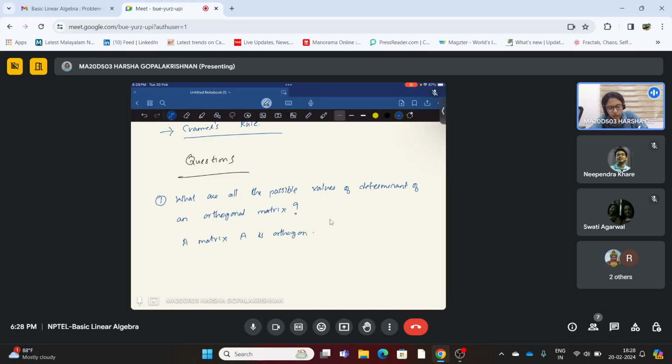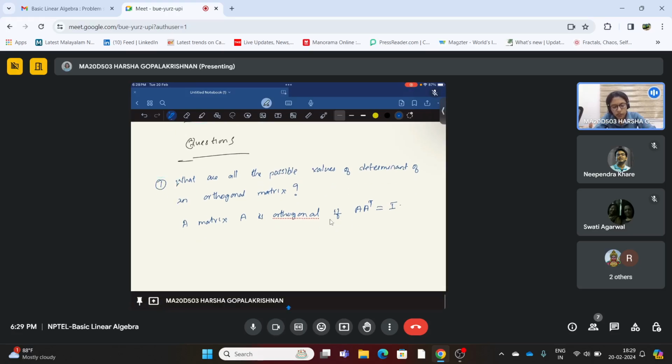A matrix A is orthogonal, square matrix only, if A into A transpose equals identity. If the matrix A satisfies the condition A into A transpose equal to identity, then we will say it is an orthogonal matrix.